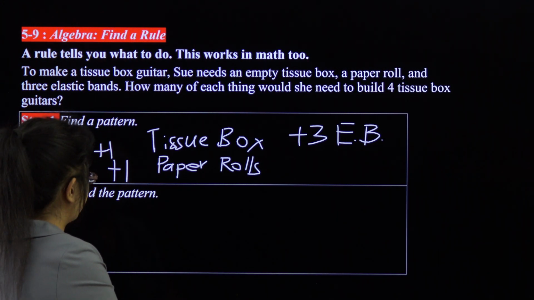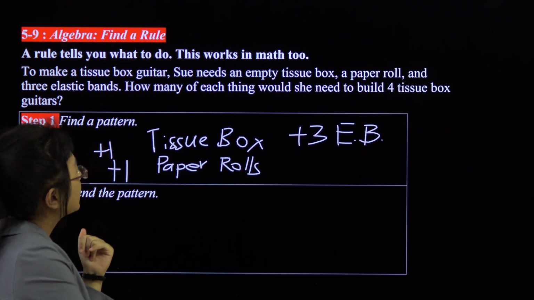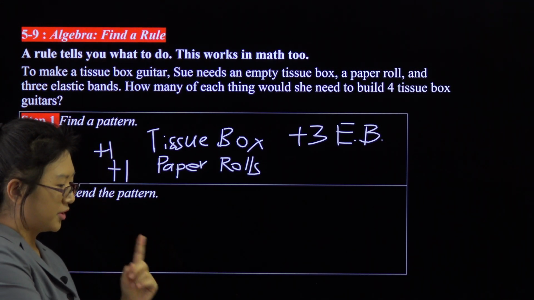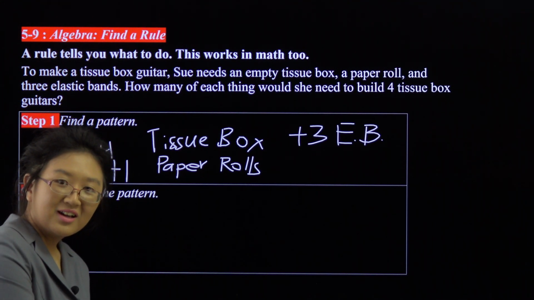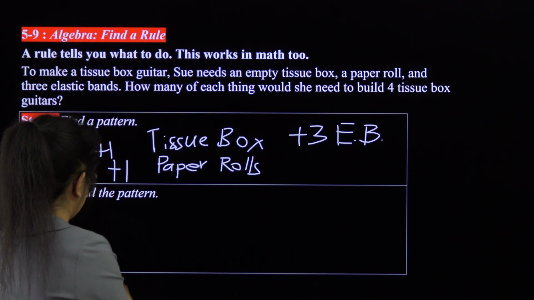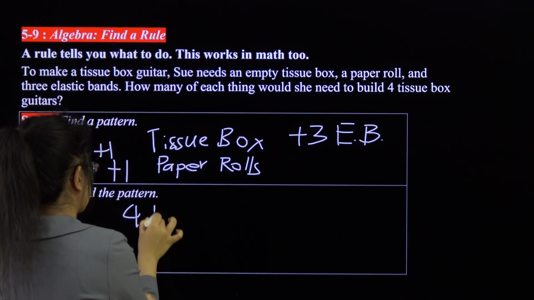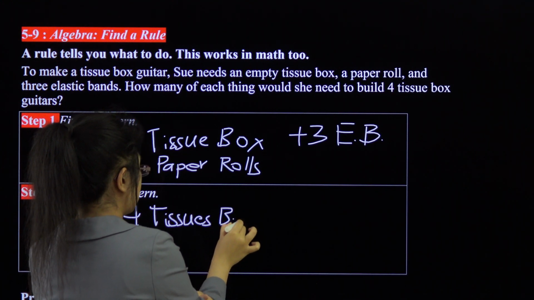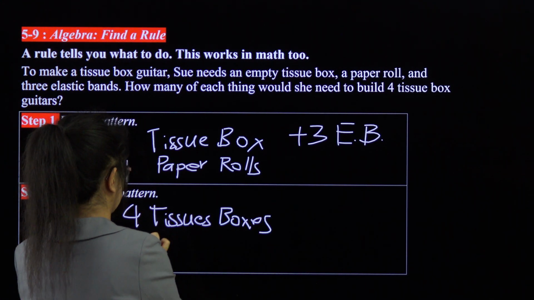Okay guys, but seriously though. Technically, if she wants 4 of them, then it's 1 + 1 + 1 + 1, which is multiplication, kids, 4 times 1. So that's 4 tissue boxes. And then 4 times 1 again for paper rolls.